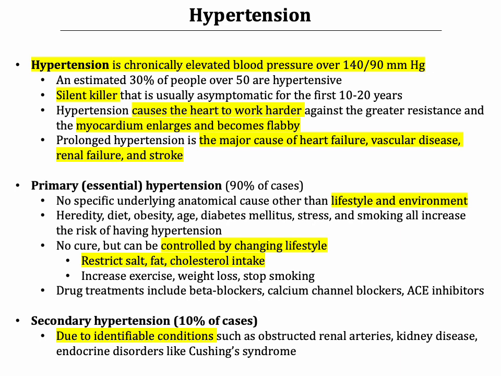So one major way to counteract it is just to change your lifestyle, right? Reduce your sodium intake. That's really going to reduce your water retention, your blood volume, and your blood pressure. Restrict fats and cholesterols. Start exercising, lose some weight. So you can turn this around by just having a drastic change in lifestyle. Medications are going to be used as well.